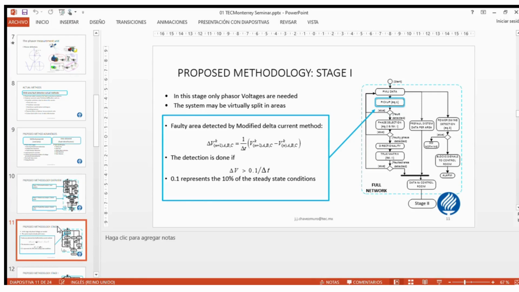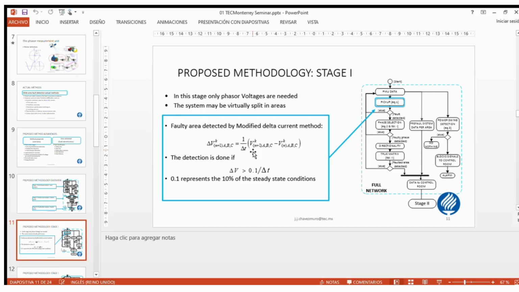Well, in the first stage, what we are going to do is detect a fault, make the phase selection, and see the directionality. Because we are working with phasor data, we need to use new methodologies or the old methodologies with this data. So maybe we need to change the methodology that we use. As an example, for the detection, we use a modified delta current method where we compare the voltage during a steady state condition and the voltage during the fault.